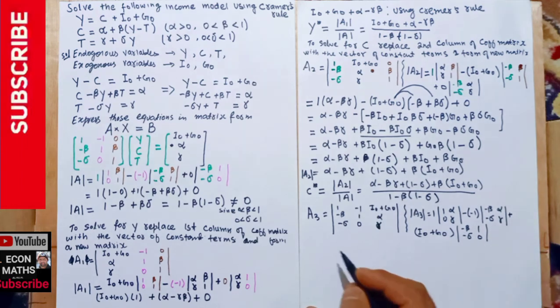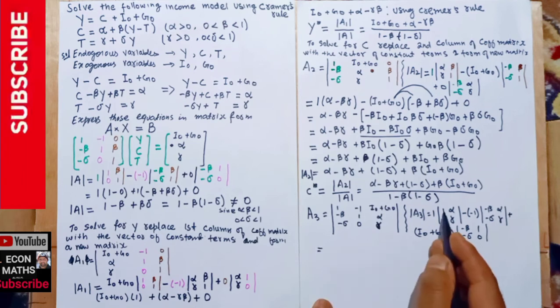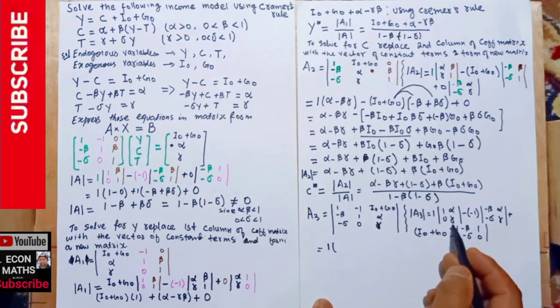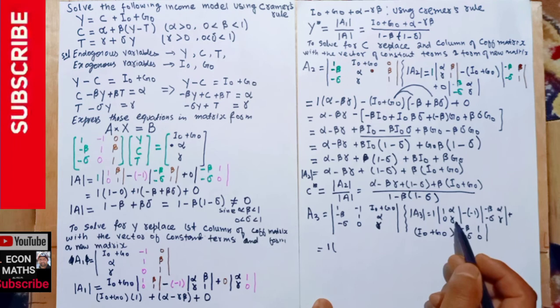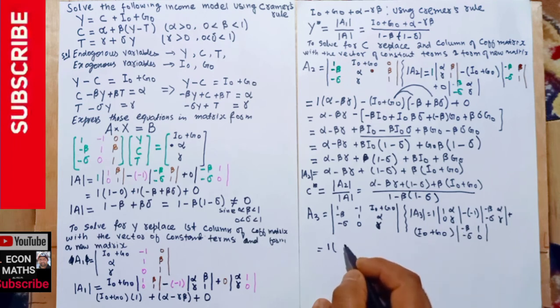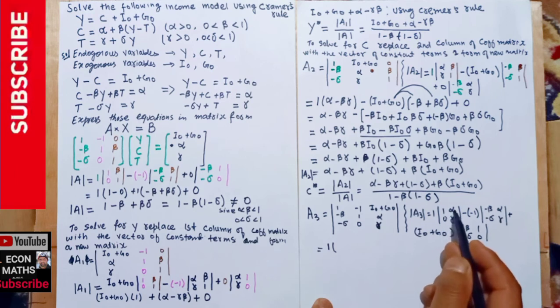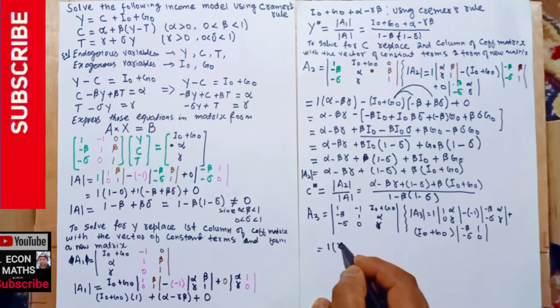Now solving this will give us, here, this is 1 multiply this 1 into gamma, so 1 into gamma is gamma, minus 0 into alpha, that is 0, so it is gamma only.